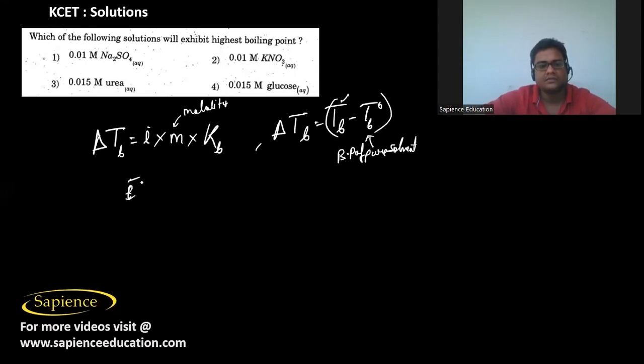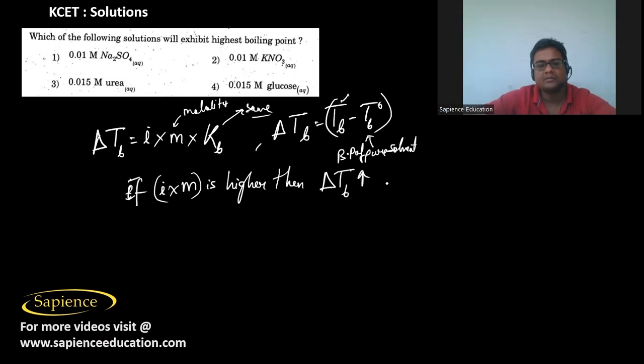Now KB will be the same for all the four solutions since the solvent is the same. If the value of i into m is higher, then only the elevation in boiling point will be higher, and it also means that the boiling point will be higher.